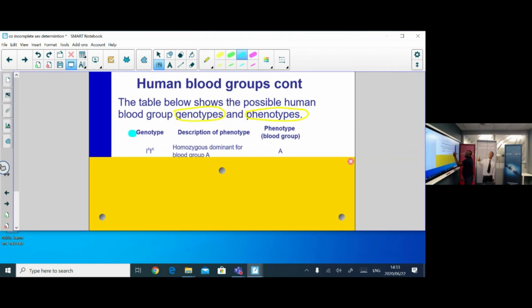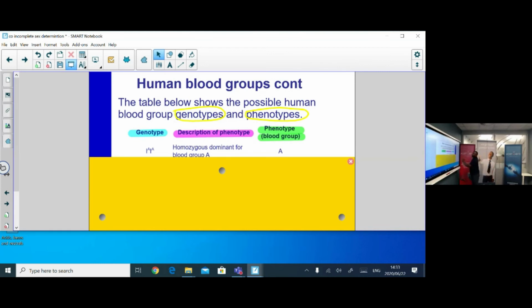I've got genotype, I've got the description, I've got the blood group, which is the phenotype. I wanted you to do the rest of the table on your own. I will do the first one for you, and then I'll also do the second one. So the first one, we use a symbol of I and then a superscript when we are representing our blood groups.